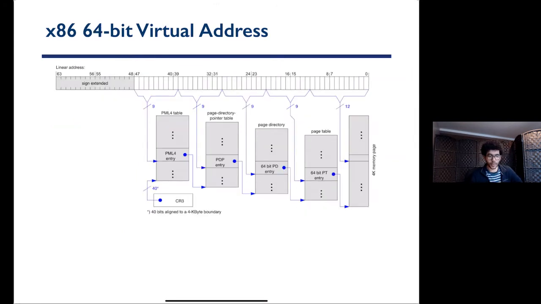Now in a 64-bit, you have bits from 0 to 63. With the same page size, you need 12 bits for offset. Again, the rest of them are going to be divided into 4 levels of 9 bits per level. So each intermediate page table has 2 to the 9 page table entries.